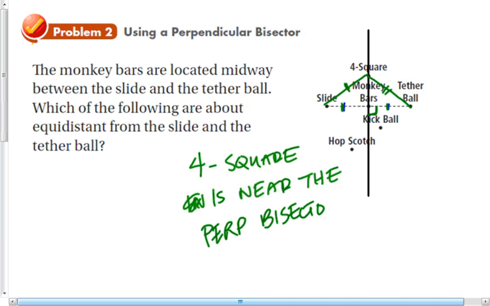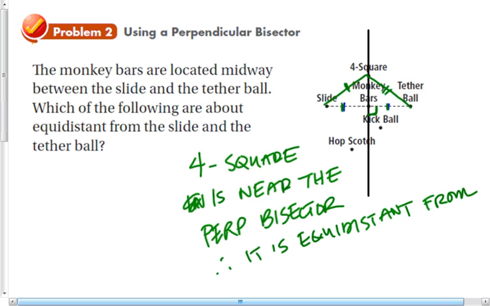Therefore, by the perpendicular bisector theorem, it is equidistant from the tether ball and the slide. All right, you try it.